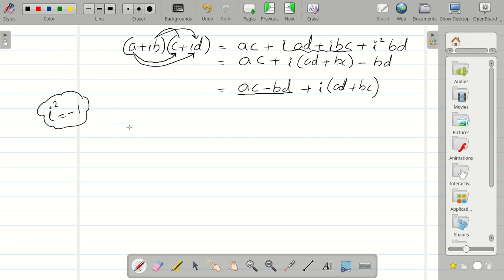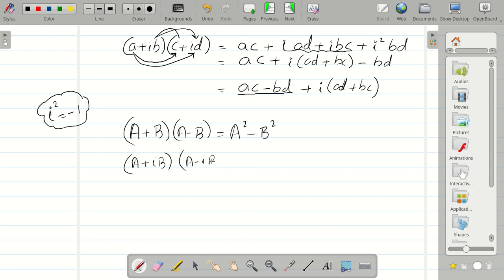Okay, and we get one very useful result from here. Do you remember the identity a plus b into a minus b? Yeah, that is a square minus b square. So if you have something like a plus ib into a minus ib, we end up with, look at this, a is just a, but here our b is replaced with ib.